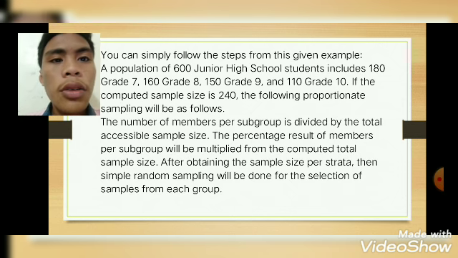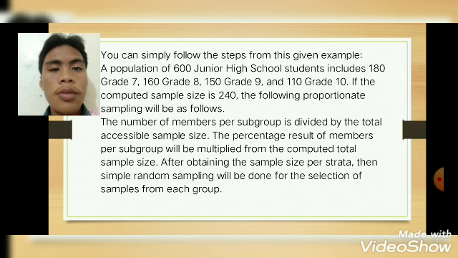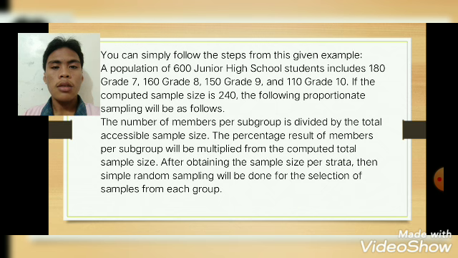A population of 600 junior high school students includes 180 grade 7, 160 grade 8, 150 grade 9, and 110 grade 10. If the computed sample size is 240, the proportionate sampling will be as follows. The number of members per subgroup is divided by the total accessible sample size.